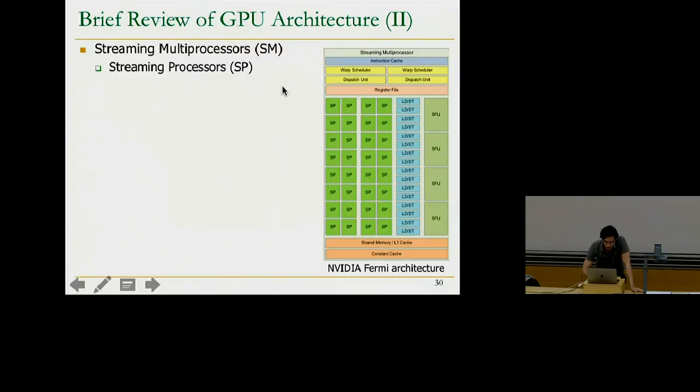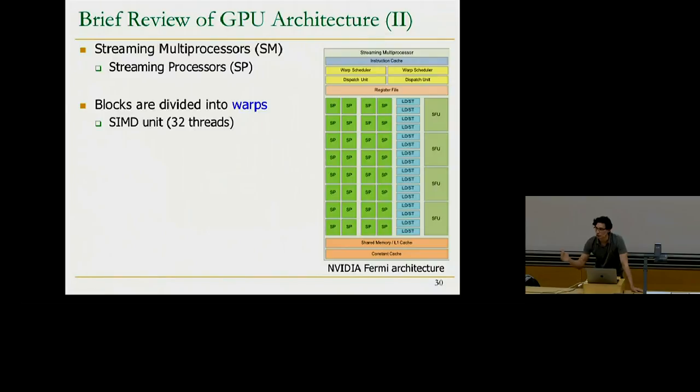This entire thing is called a streaming multiprocessor, in NVIDIA terminology, and as we mentioned before, in each of these streaming multiprocessors we are going to launch at least 1 thread block, and usually not only 1 thread block. We can launch 2, 3, 4. That will depend on our program. Obviously, there is a limit.